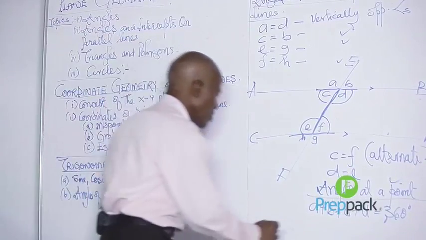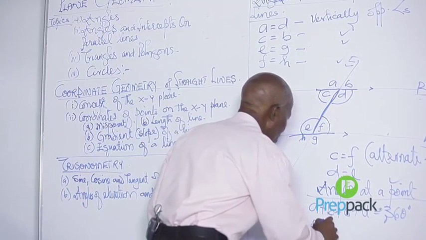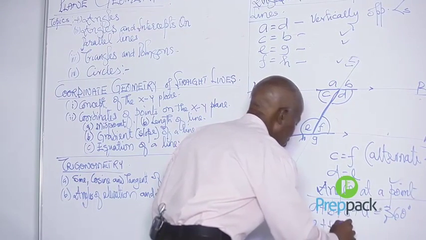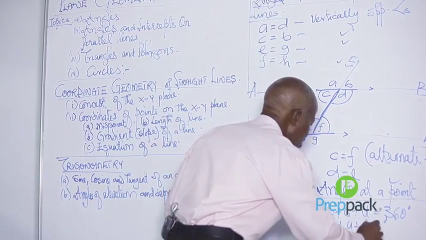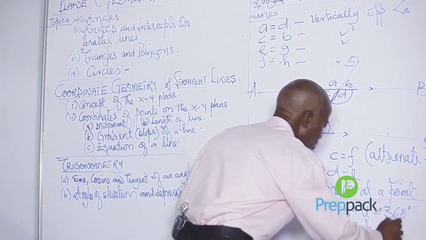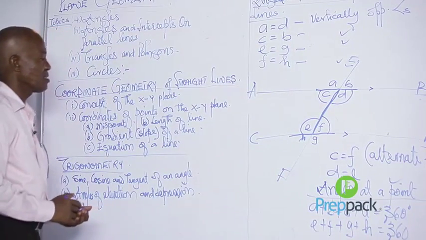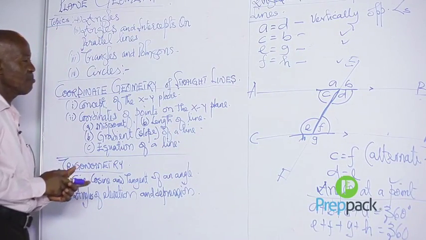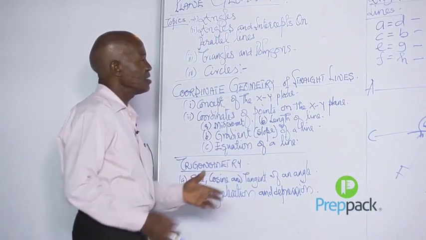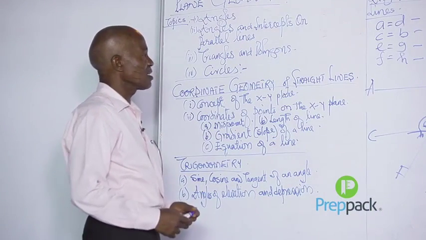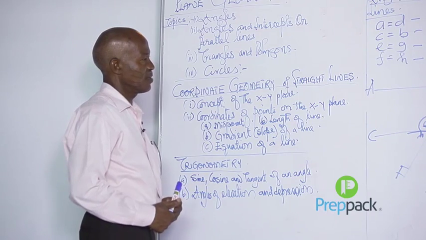And so also E plus F plus G plus H also add up to what? 360. And the reason is angles at a point. Those are the kind of angles that we could find there.